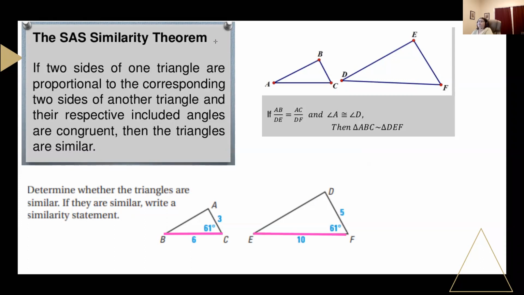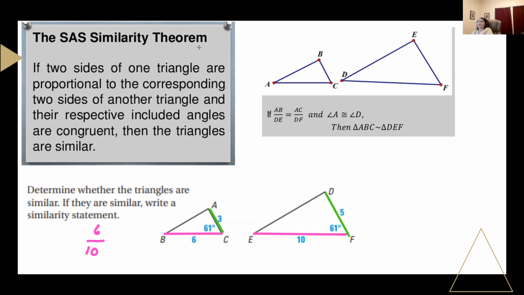So if I want to check to see if they're similar, I'm going to put 6 over 10. And then over here, I'm going to check the other side and see if these equal.